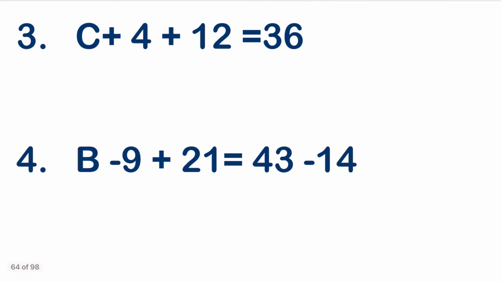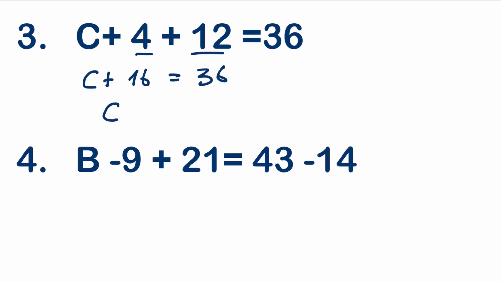Now in question 3 we have like terms. We can add 4 plus 12. So c plus, if we add 4 plus 12, it will give us 16. Should be equal to 36. So remember, this is plus 16. We want c to be alone because we are looking for the unknown.